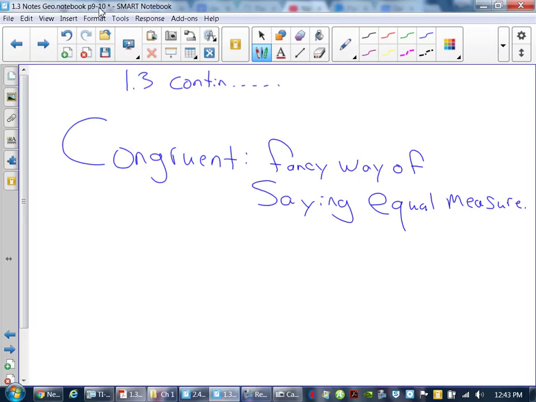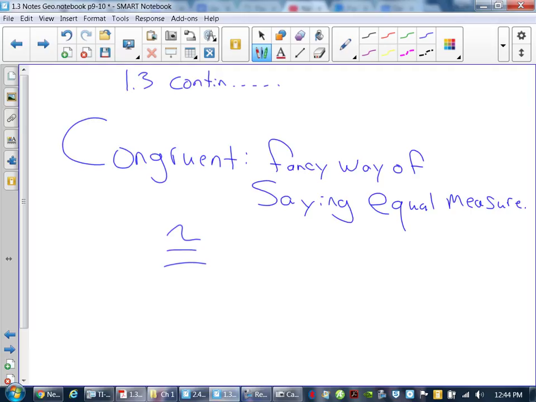In geometry, we use congruency as a kind of one-up step of equality, if that makes any sense. They are one and the same, but congruent just sounds fancier. It has a symbol. That symbol means congruent.